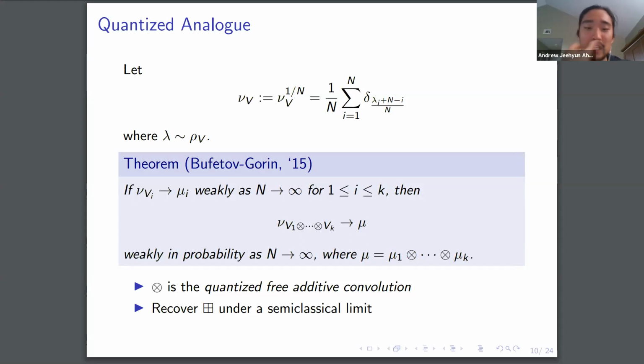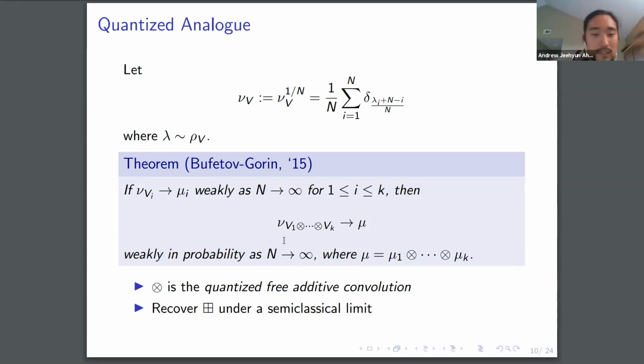I'm going to cheat you out of a good definition of the quantized free convolution. I will say a couple of words. This quantized free convolution was discovered by Bufetov and Gorin back in 2015.